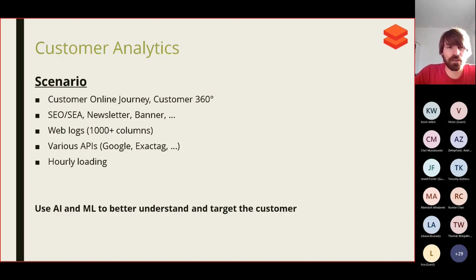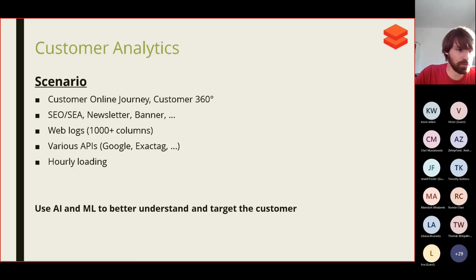Okay, so custom analytics. The goal of the project was to build an analytics platform that allows you to track a customer across all its different touch points across the services that the company provides, basically creating a 360-degree profile around the customer.